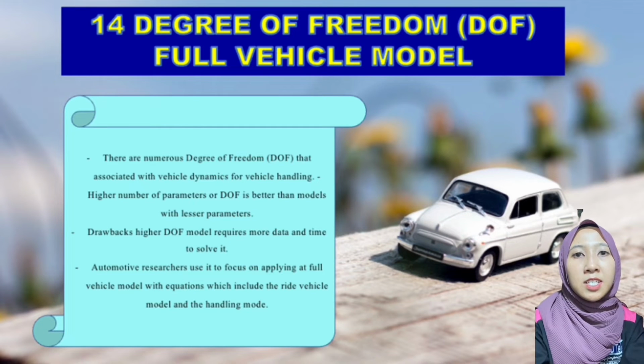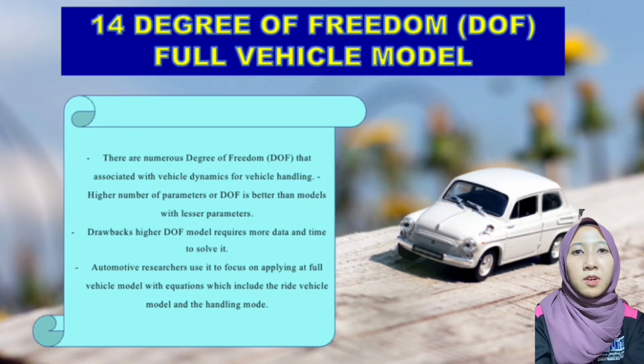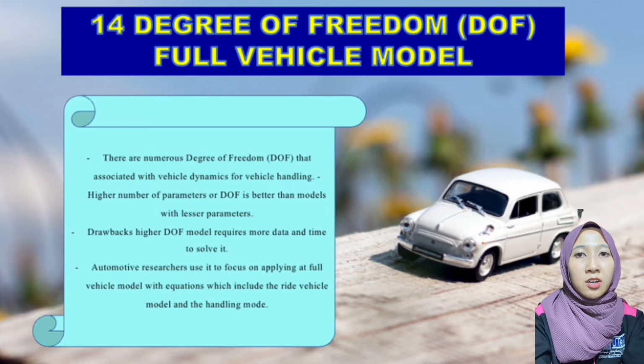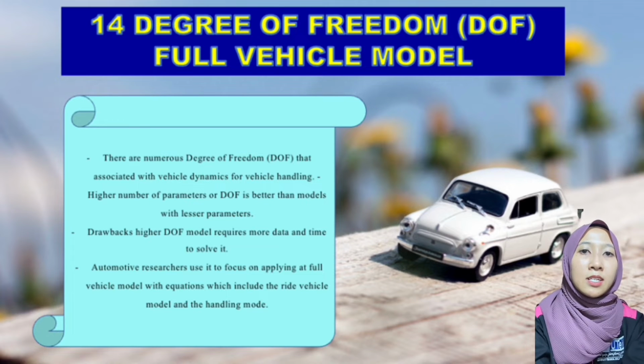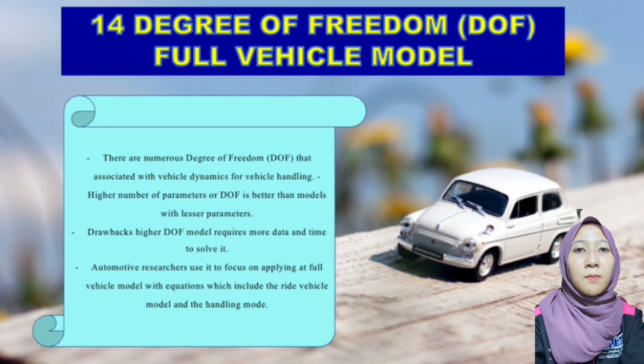As for the literature review part, it is about the degree of freedom of the full vehicle model. Degree of freedom is associated with vehicle dynamics to handle a vehicle. The higher the number of parameters or degrees of freedom, the better it is than models with fewer parameters.